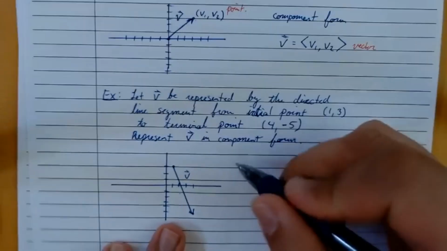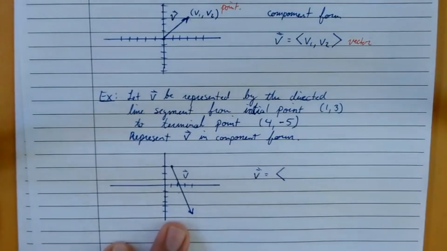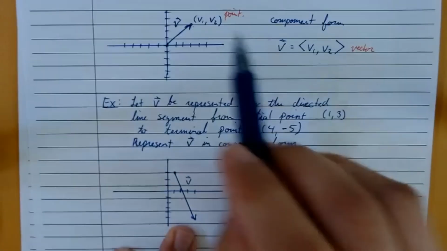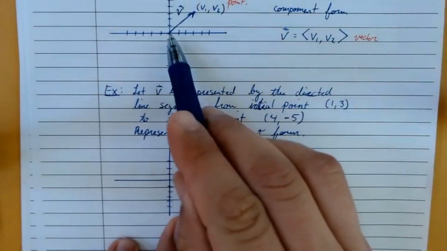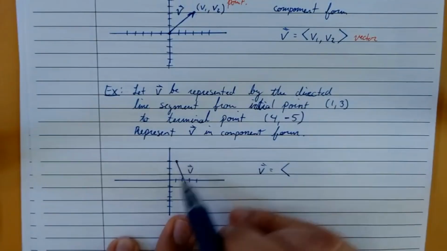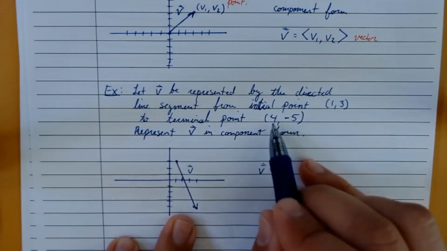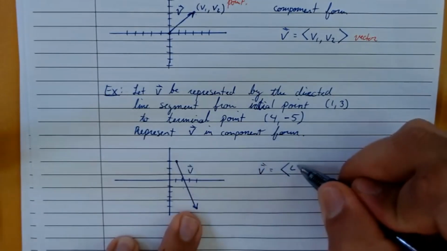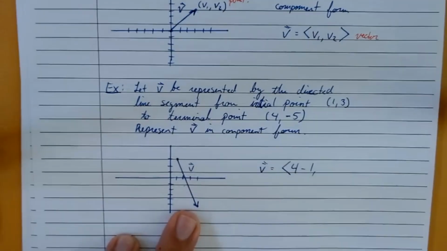So my vector v is going to equal, note that v1 is just the x-coordinate of that terminal point when your initial point is at the origin. That means how far right do I want to go from the origin? Well, that's just the difference in the x values. So here I'm going to take my terminal point, 4, and subtract away my initial point, 4 minus 1.